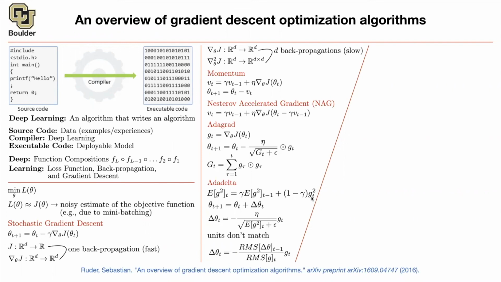E is your expectation, the average, the running average, and it's just a notation. The running average of g squares at time t is equal to gamma times the running average of g squared at time t minus 1, plus whatever gradients you have now. Okay, perfect. Any other questions?